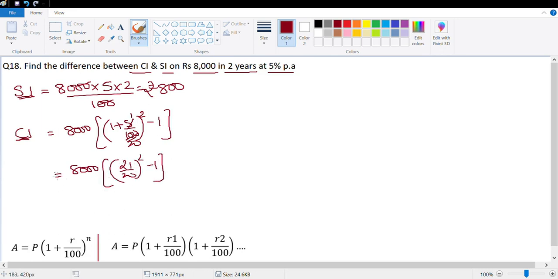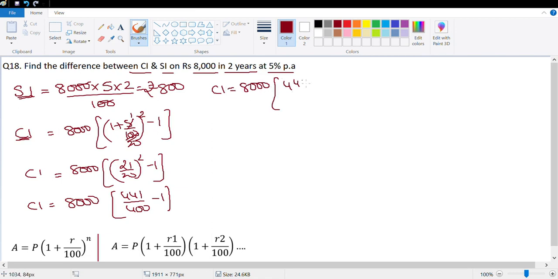Compound interest is equal to 8,000 times 441 upon 400 minus 1. Let's take the LCM. So compound interest is equal to 8,000 times 441 minus 400 upon 400. So this is 8,000 multiplied with 41 upon 400.